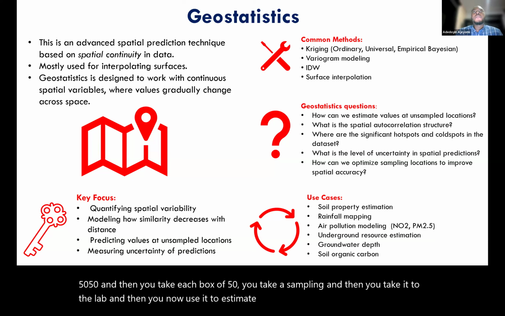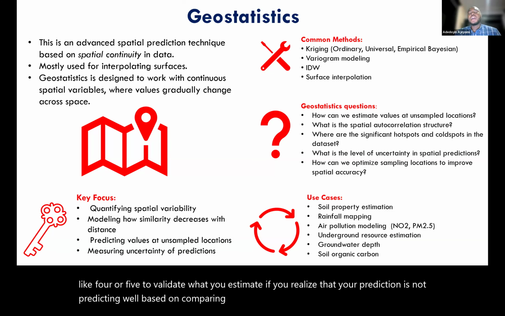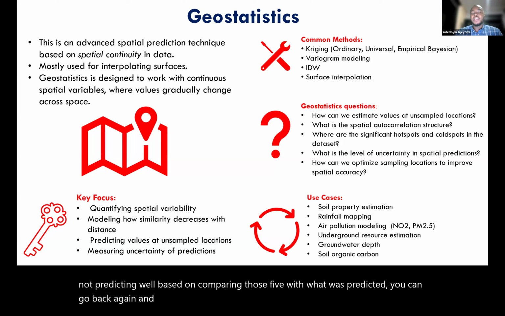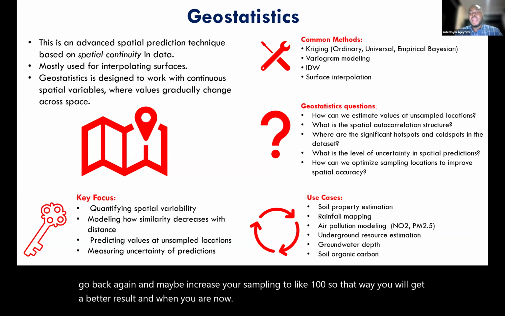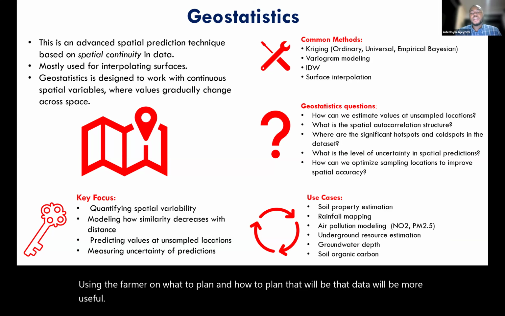You can now use like 4 or 5 to validate what you estimate. If you realize that your prediction is not predicting well, based on comparing those 5 with what was predicted, you can go back and maybe increase your sampling to like 100. That way you will get a better result. And when you are advising the farmer on what to plant and how to plant, that data will be more useful.